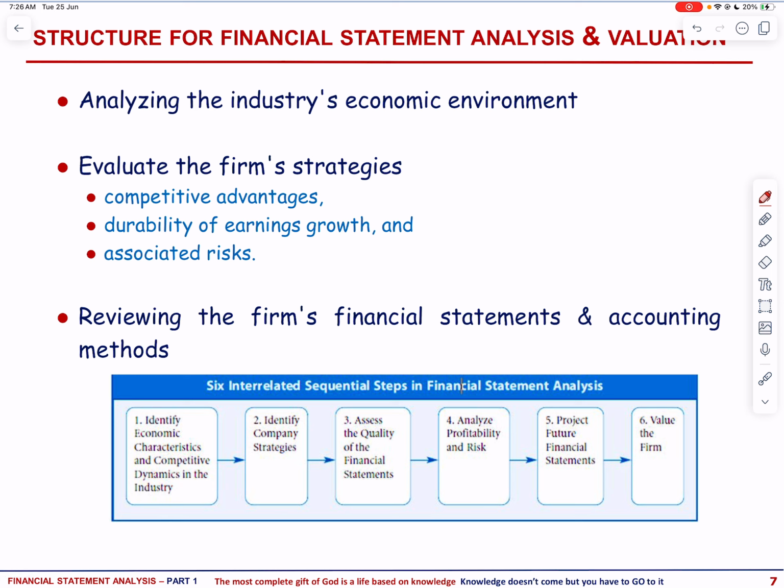This includes analyzing the industry's economic environment to understand its impact on profitability and risk, evaluating the firm's strategies for differentiation to assess competitive advantages, durability of earning growth, and associated risk, and reviewing the firm's financial statements and accounting methods to assess the reliability and usefulness of the information provided.